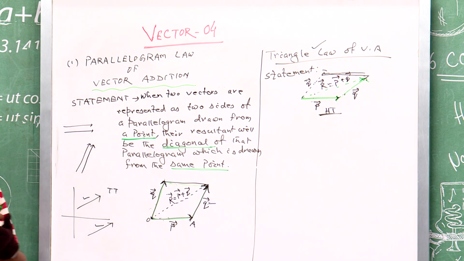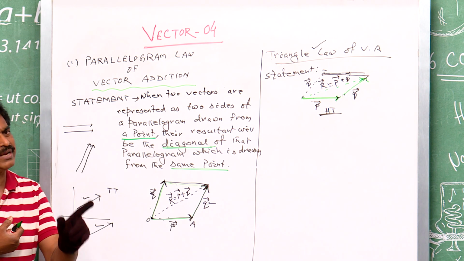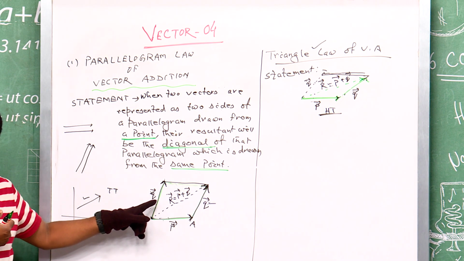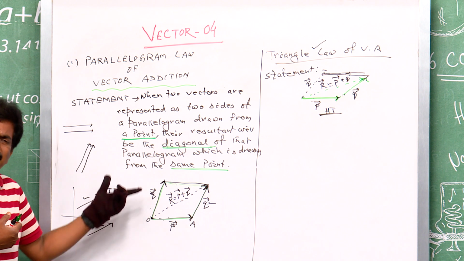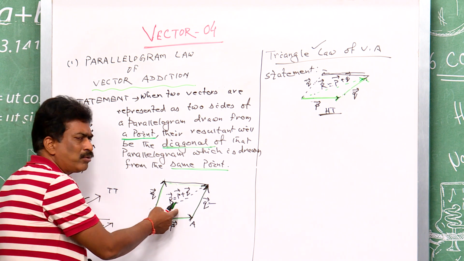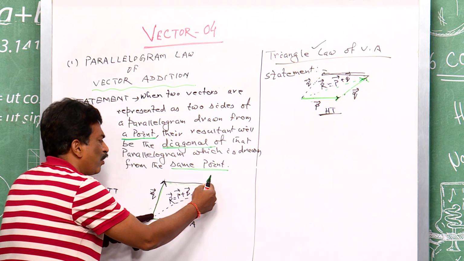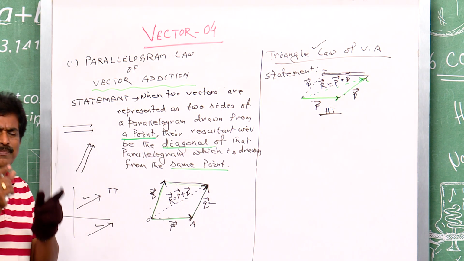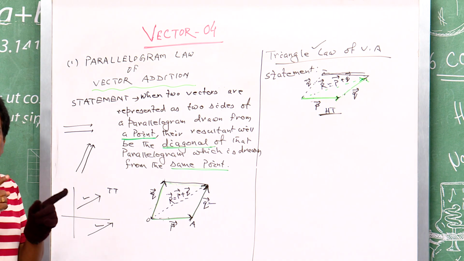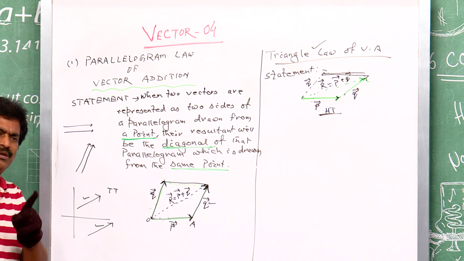Sir, why is it necessary to know about the analytical method? The analytical method provides the magnitude and the direction of the resultant. Here we will not measure the magnitude of the resultant. When you measure it, you have to take a scale, and according to the length and the unit we have taken, we can calculate its magnitude.